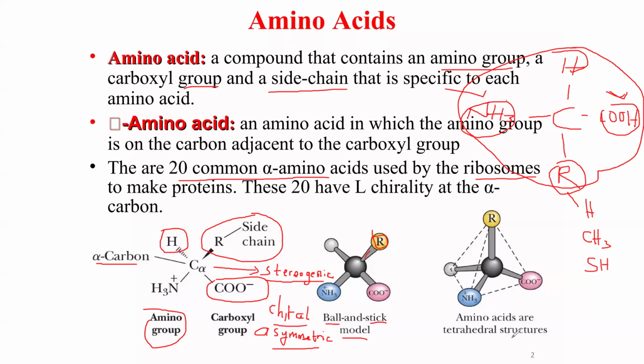And then we also have the shape of the amino acid. It is tetrahedral in shape. It has a tetrahedral structure. That is the shape of the amino acid.